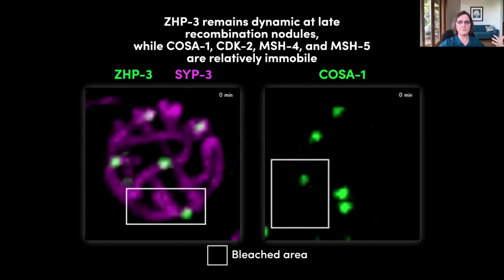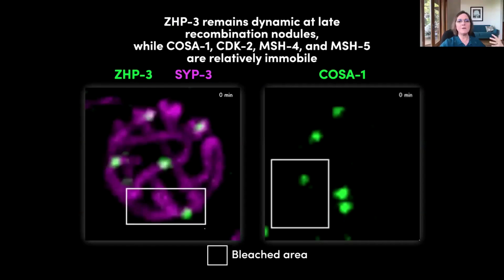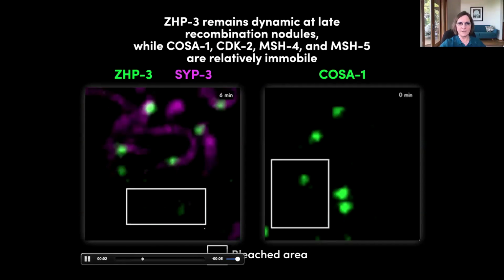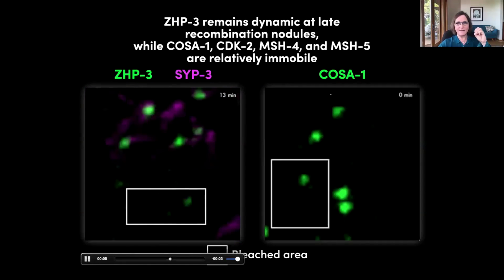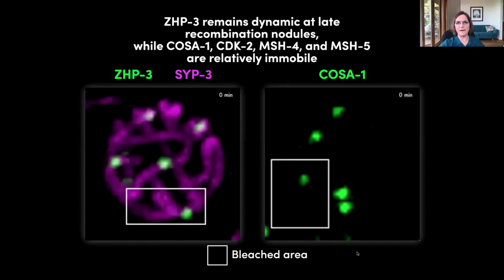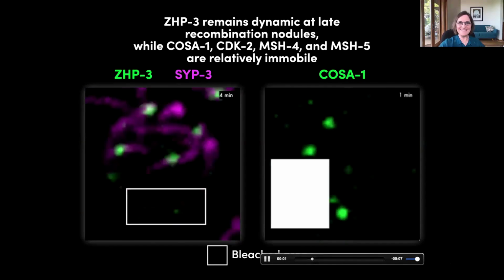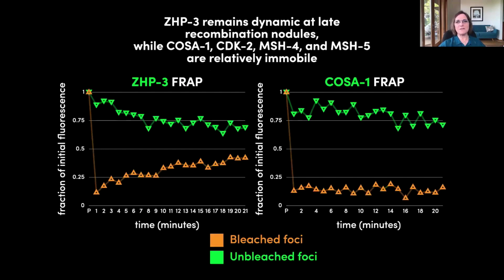So if we do a FRAP experiment where we bleach them, we see that they actually recover over time. But these other proteins seem to be locked at the site of the recombination intermediate, probably by binding directly to the DNA, and they don't recover if we do a FRAP. And this is just a quantification showing the recovery of ZHP3, but not of COSA1.